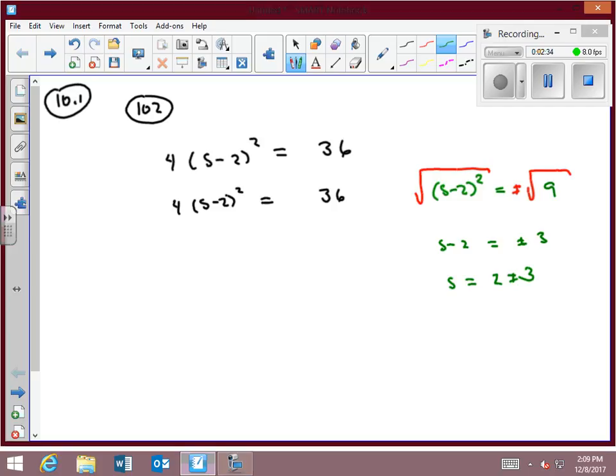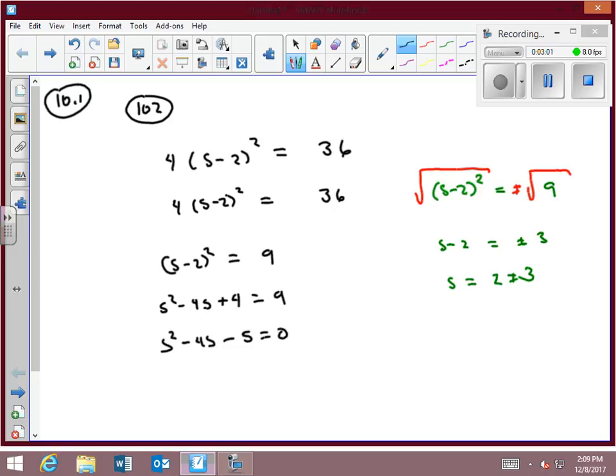If you didn't recognize it and you thought you had to expand it, I'm just going to whip through it. Hopefully you would see that you have s minus 2, the quantity squared, equals 9. Then you'd expand the left-hand side and you go s squared minus 4s plus 4 equals 9. Then you'd get the 9 over, minus 5.